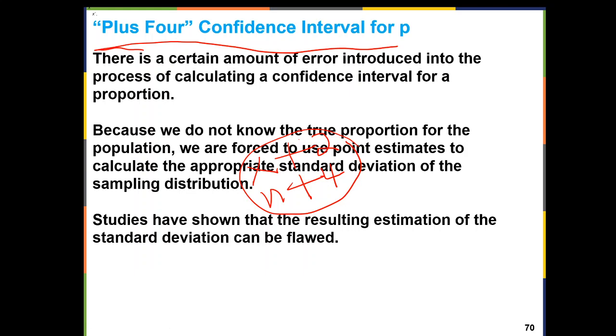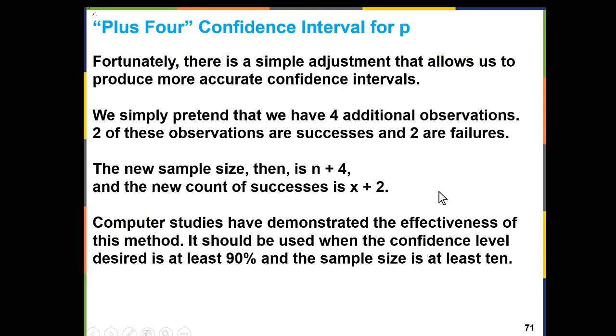So in this course, if you're told to use the +4 method, then before you do the proportion problems, you have to make this change right here: add 2 to the number of successes and add 4 to n. If you're not told to use +4, just do it the same way that I just did, right?